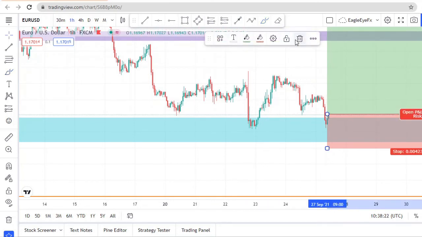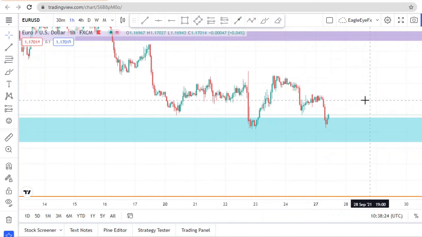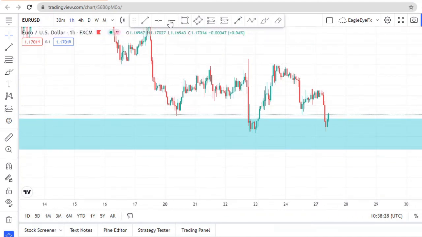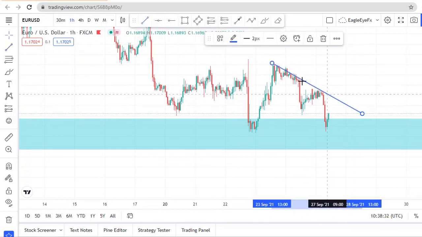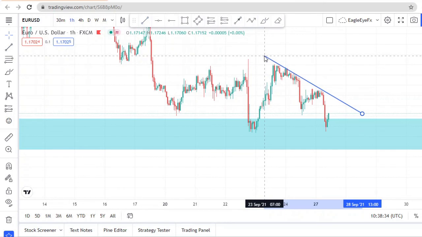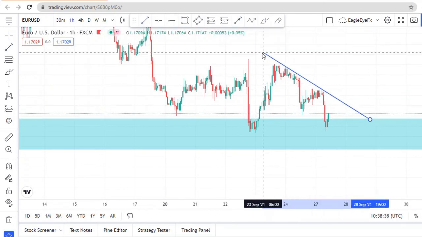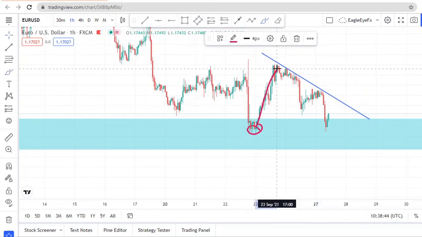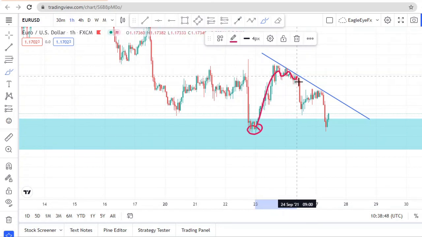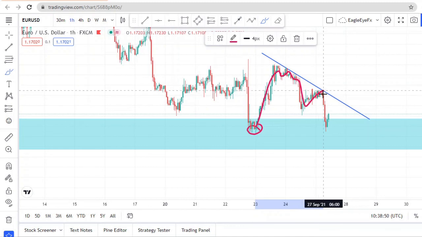Let's delete that. What if you're also looking for more confirmations? What you can do is draw this like this. What I'm seeing here is that this market came from down but reached here, got rejected, a lot of rejection, came again, got rejected.